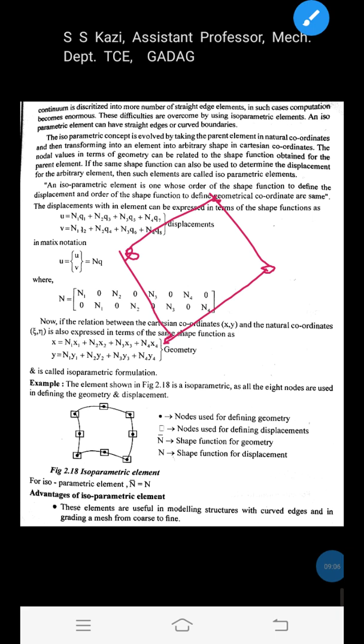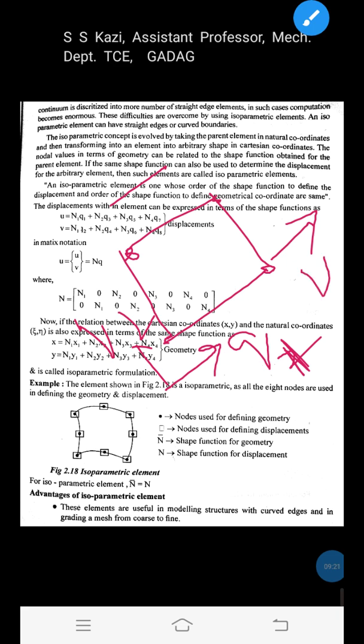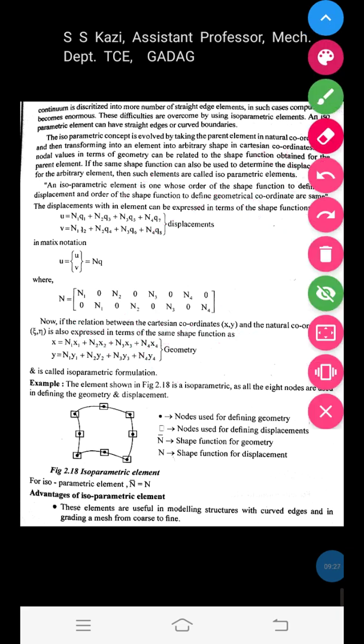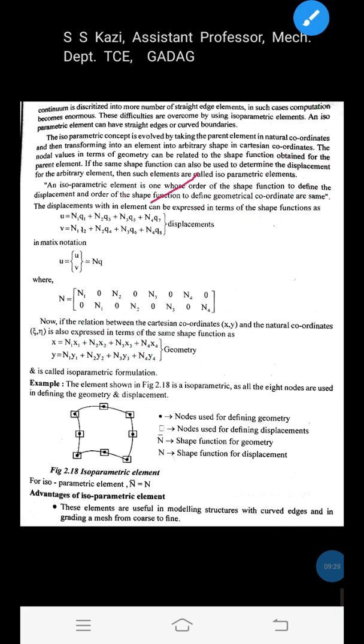Then u can be written as n1 q1 plus n2 q3 plus n3 q5 plus n4 q7, where q1, q2 are the displacements at node 1, x and y components, and q3, q4, q5, q6, q7, q8 are at the other nodes, 4 nodes in total. Here n1, n2, n3, n4 are the shape functions.